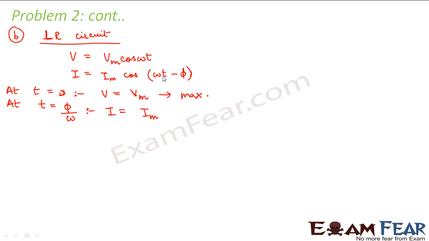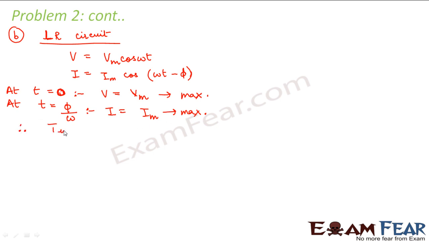Current becomes equal to Im, because when t is equal to phi by omega, omega will cancel, phi minus phi will be 0, and cos 0 is 1. Therefore, I will be equal to Im, the maximum value. So if we take this cos function, we can easily find out where the voltage and the current will be maximum. Things become simpler for us. That means at time t equal to 0, voltage is maximum, and at time t equal to phi by omega, current is maximum.